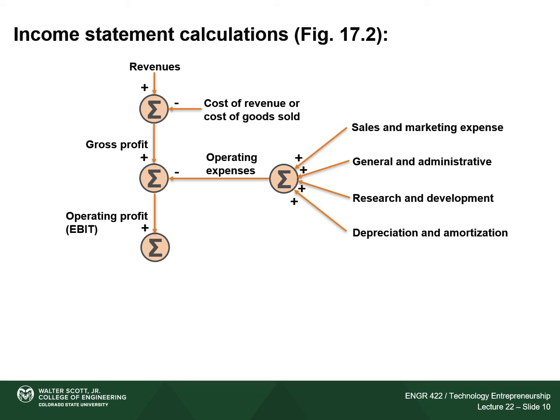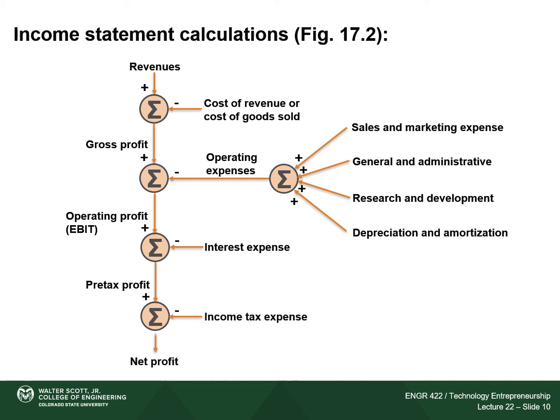From that, you then identify any interest expense, or you would subtract interest expense. If you had interest income, it would actually get added. So once you've subtracted your interest expense, you end up with your pre-tax profit. Pre-tax profit minus income tax expense equals net profit.